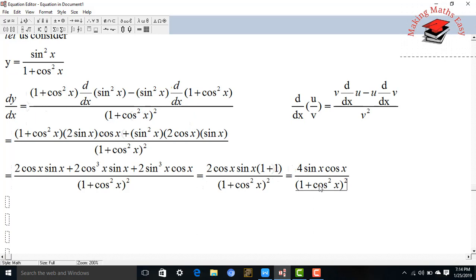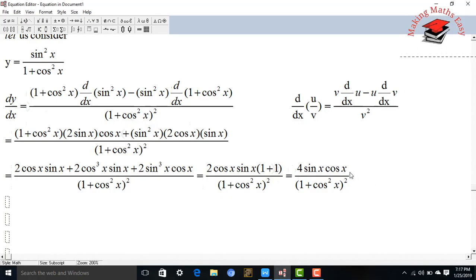If we integrate this particular answer, we will get the original function. Remember one thing: differentiation and integration are inverses of each other. If we differentiate a function and then integrate it again, we will get the same function. Such that if we differentiate f of x, we get f dash of x, and after integrating f dash of x, we again get f of x.